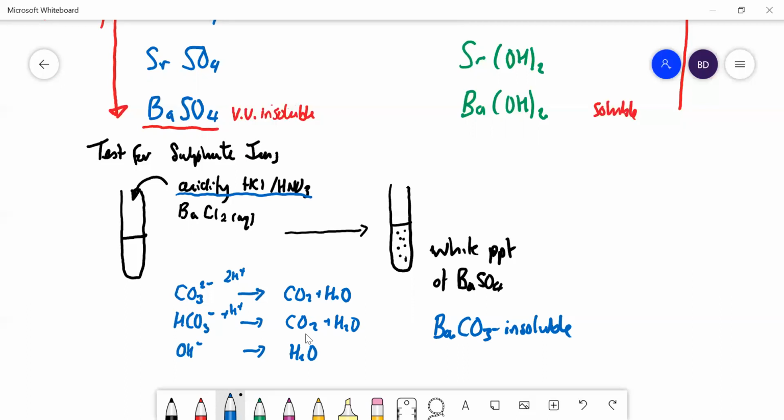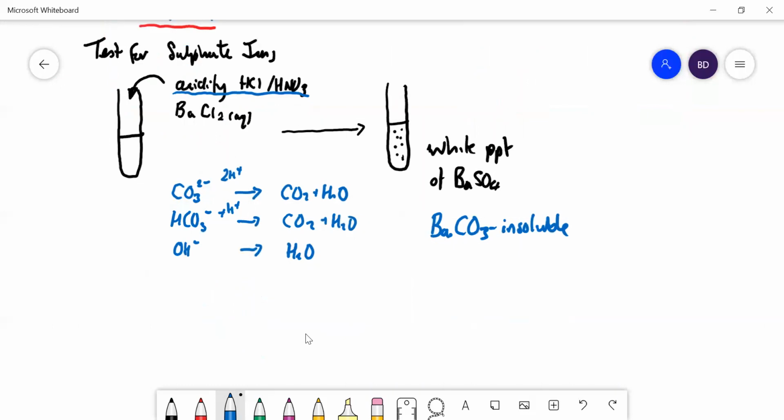Okay, so let's do an equation there. Let's say we had sulfuric acid, because that's got sulfate ions in it, or this could be sodium sulfate, it doesn't really matter. You add barium chloride to that, both in aqueous solution. You're going to get barium sulfate precipitate.